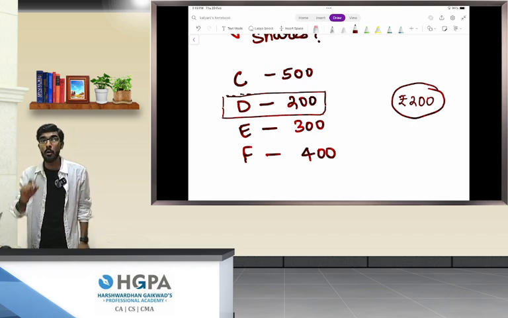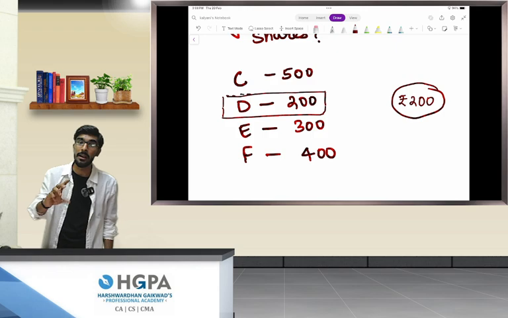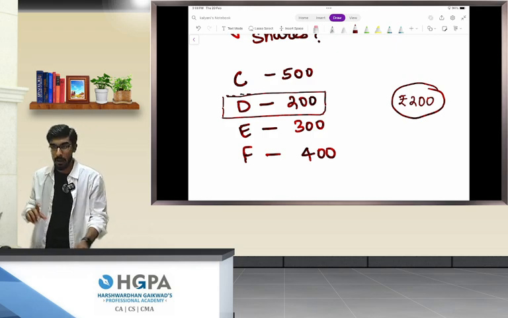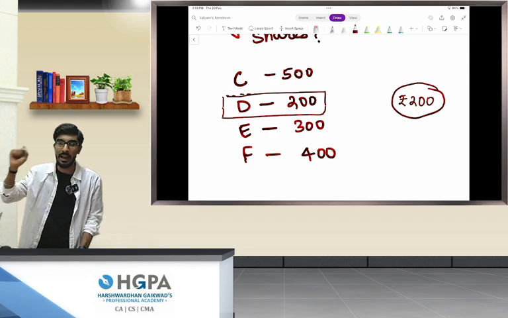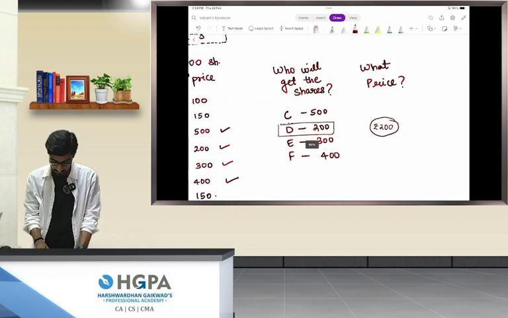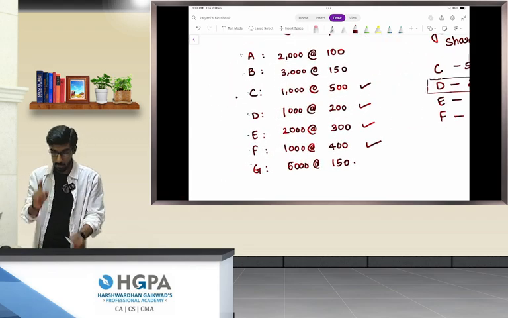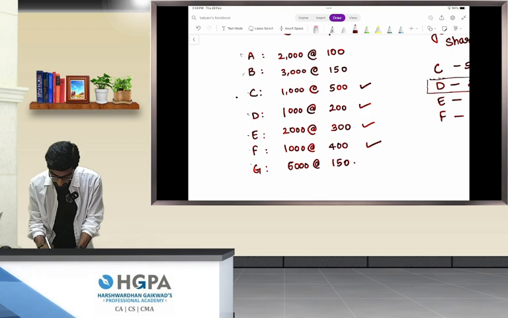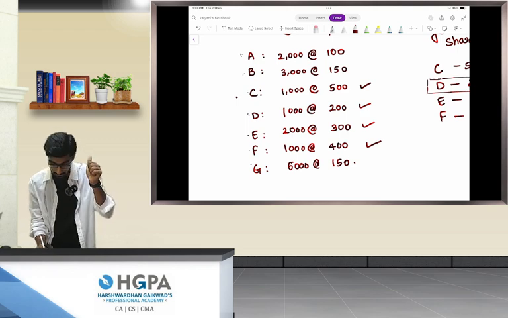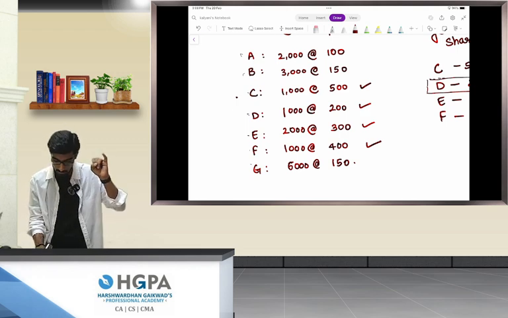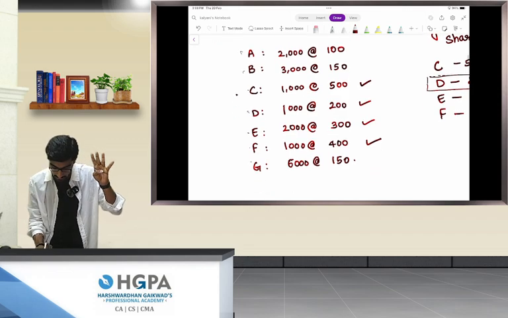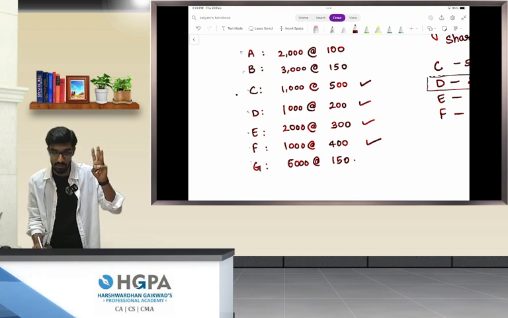Clear? This is how price is identified using the book building method: allotting all the shares at the maximum price. First, we find out who is submitting the highest bids. C is submitting 500 rupees for 1,000 shares, now 4,000 shares are remaining. D wants to purchase 1,000 shares at rupees 200, okay, 3,000 shares are remaining.